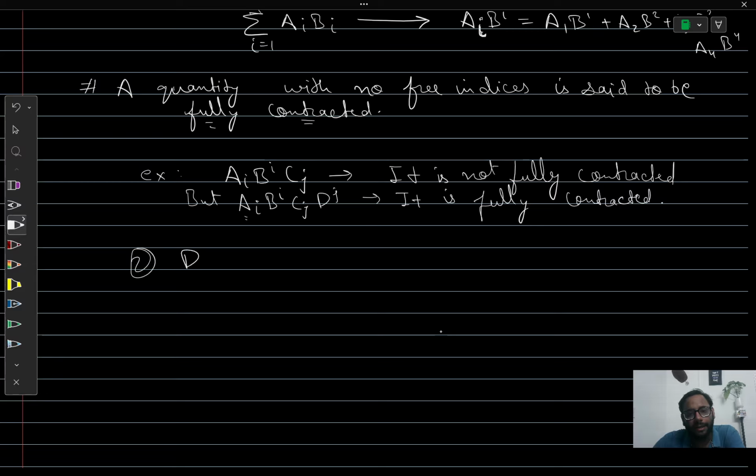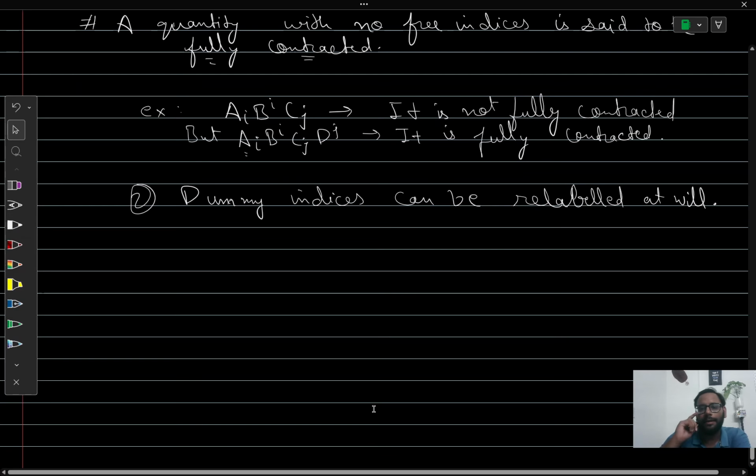Second thing: dummy indices can be relabeled at will. Will means choice.